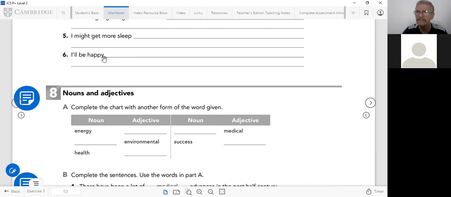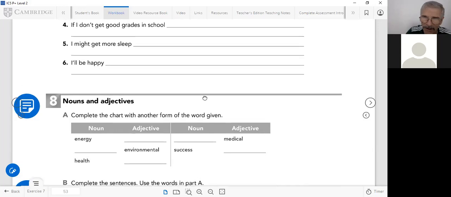Could you please tell me what is the word that replaces happy and makes it a noun, not an adjective? What is the word? Don't you know? If you add four letters to happy, this word becomes a noun, not an adjective.